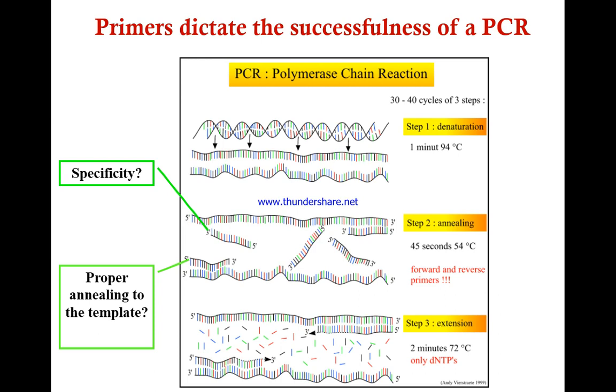In step 1 in PCR, denaturation occurs, and it is allowed for 1 minute at 94 degrees centigrade, which allows the DNA to denature. We have already added the primers in the master mix, which are complementary to the DNA which we want to amplify.